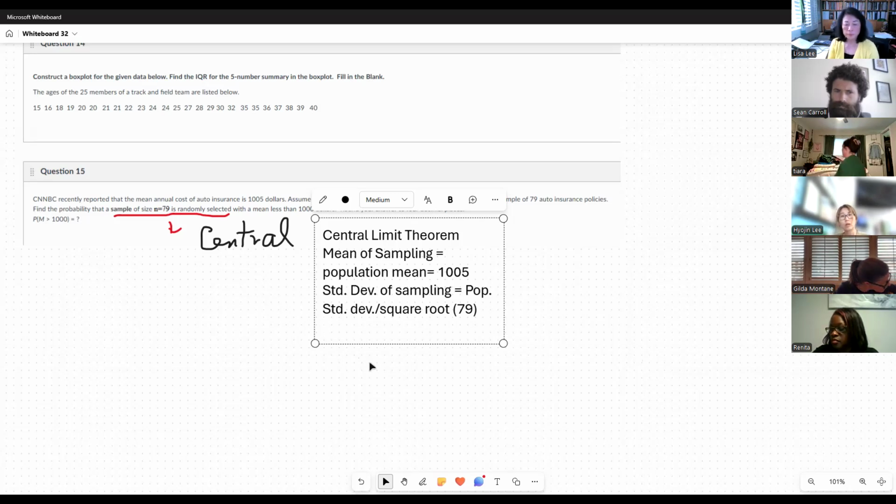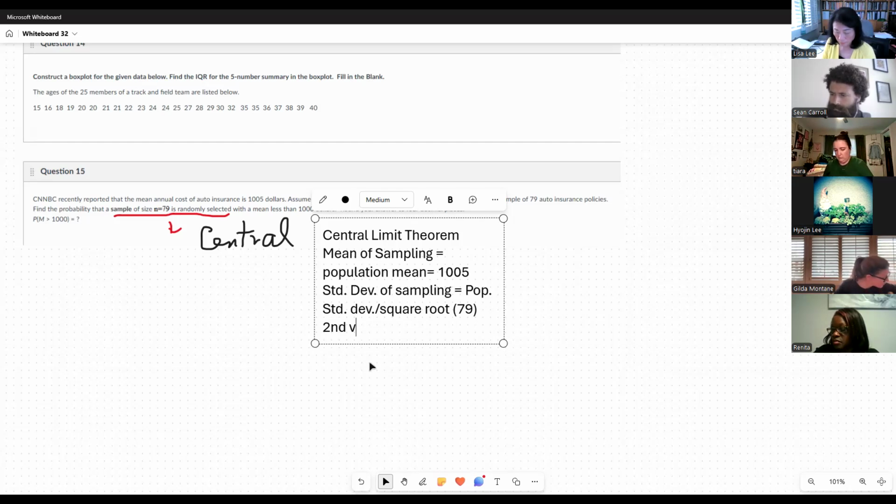When you go to the graphing calculator, first you type in second VARS. Then you will select normal CDF, the second option.